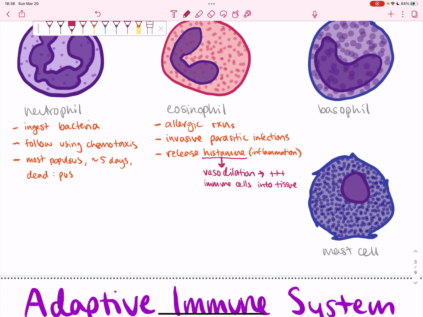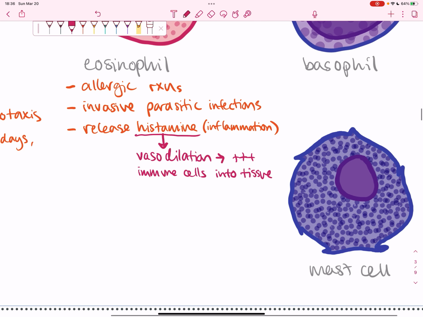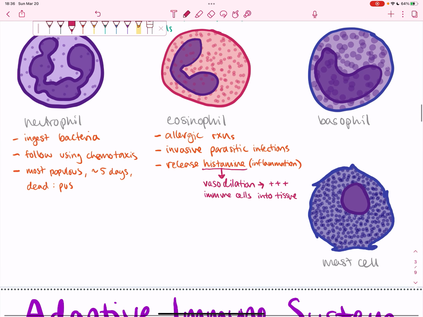Oh, no. And actually, yeah, I think I'm gonna redo this, though. That looks better. Okay. Alright, basophils are also used in allergic reactions, and they also release histamines.